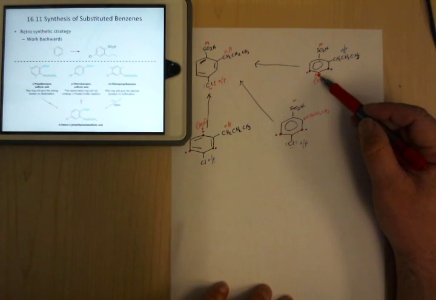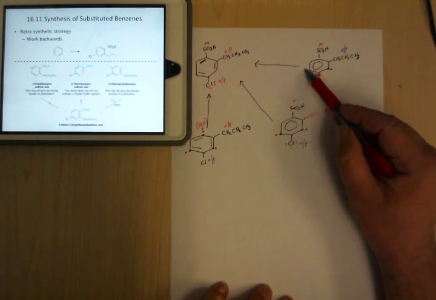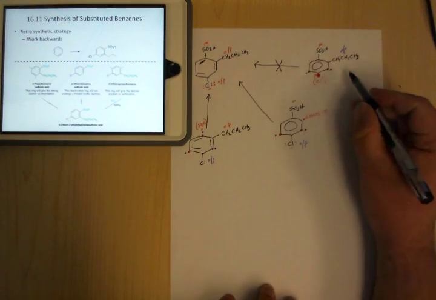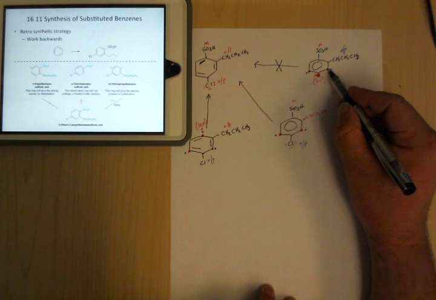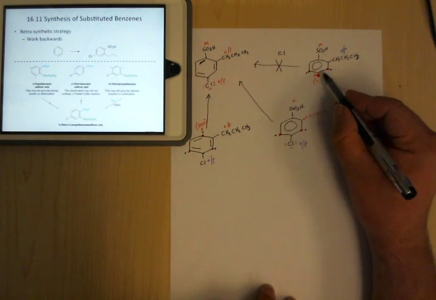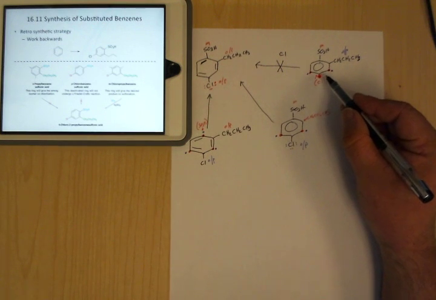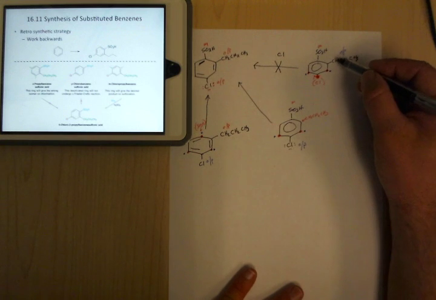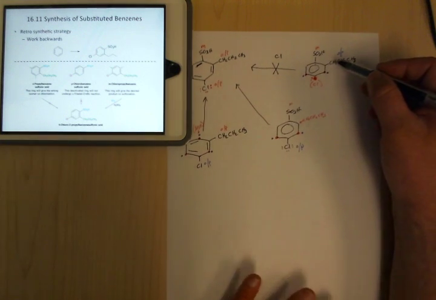Well, that's no good, because these groups are going to reinforce to go here and here. We can't do that because we have these two groups. When we put on the chlorine, it's going to go there. So that's not going to work.